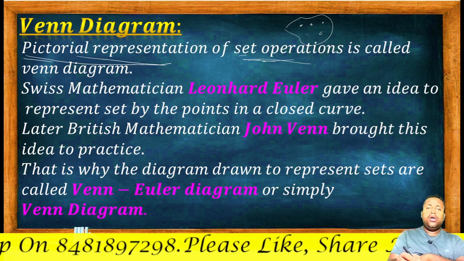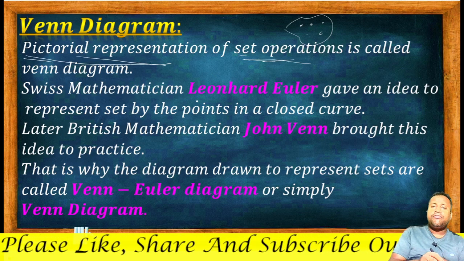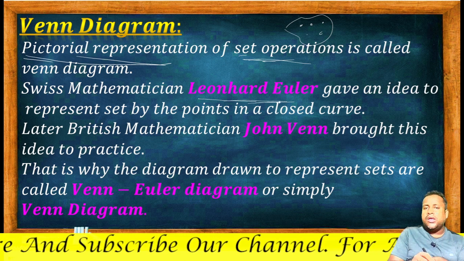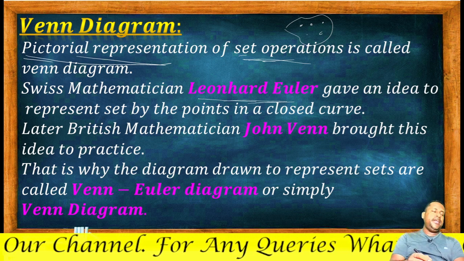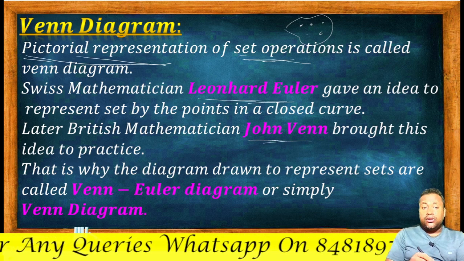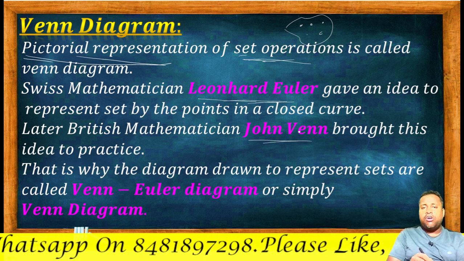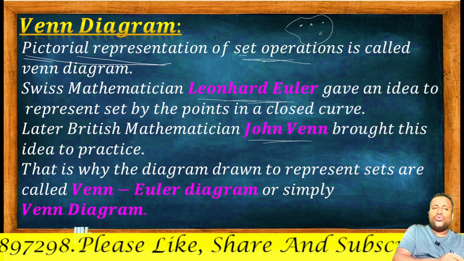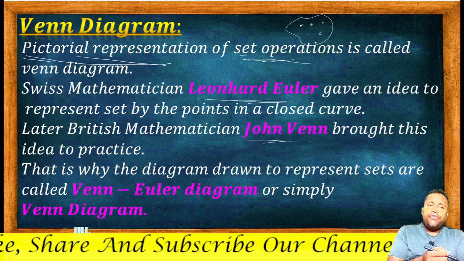This idea was first given by Leonhard Euler, our mathematician Euler, but later the British mathematician John Venn discovered another method, and according to John Venn, this pictorial representation is known as the Venn diagram.